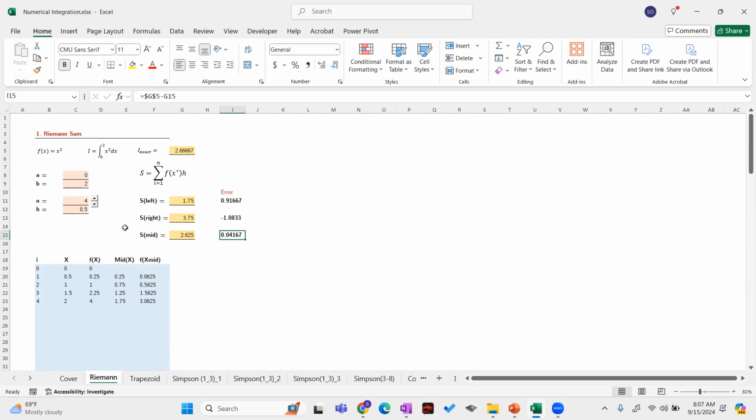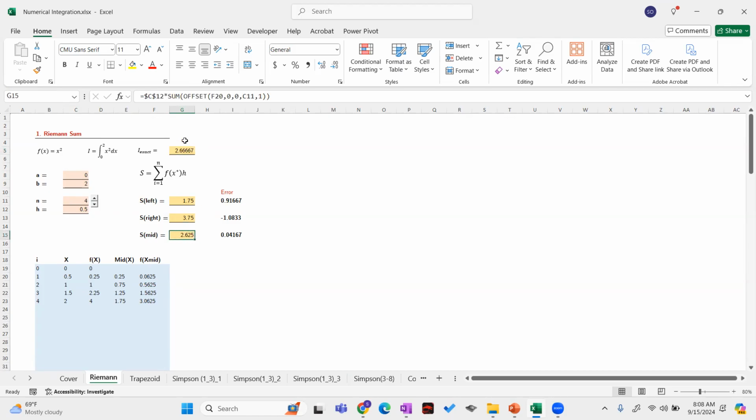Okay. Now I can do one thing. I can increase n, the number of steps. Accordingly, the width will decrease, right? (b minus a) by n. So obviously, if I increase n, this will converge to the true value from the bottom. And this will come down and converge onto this value.